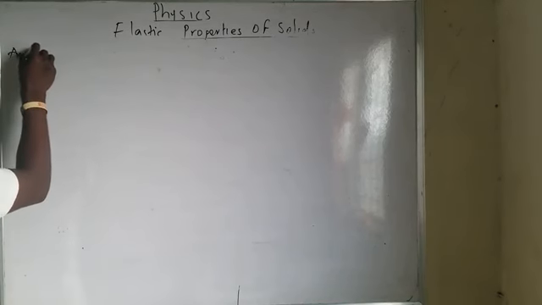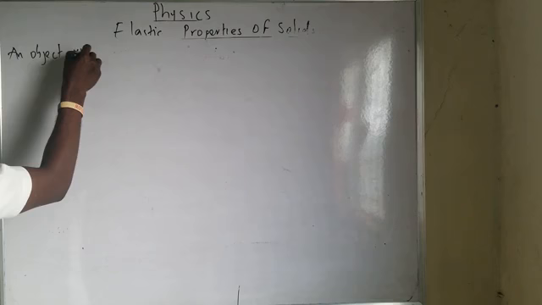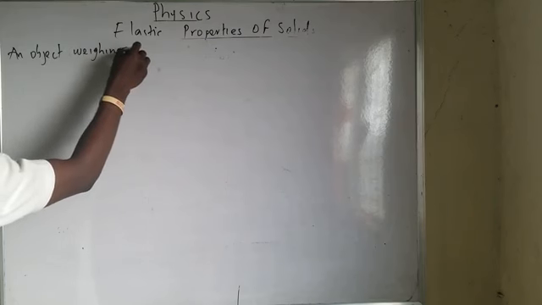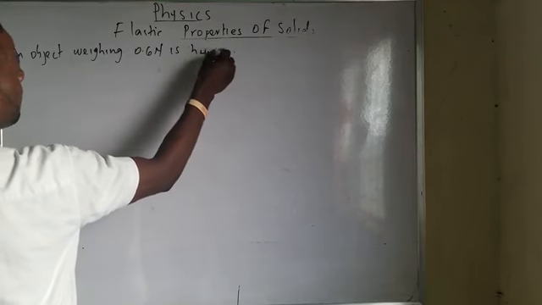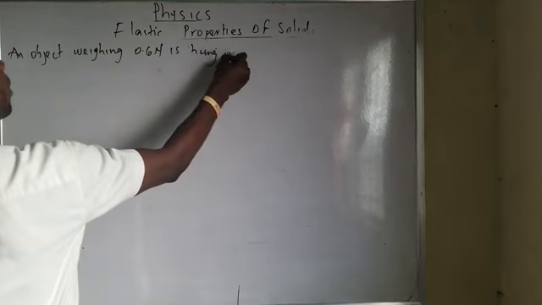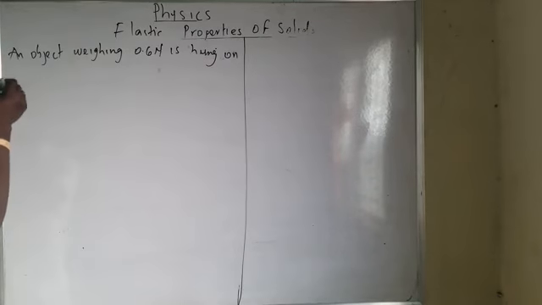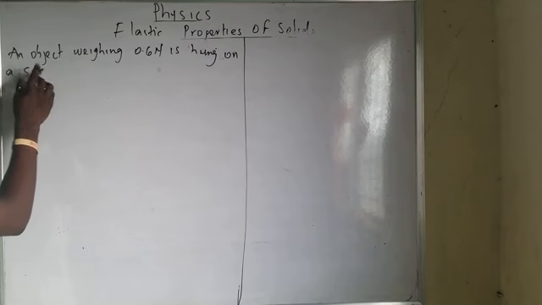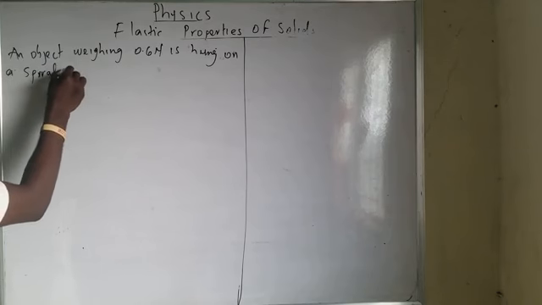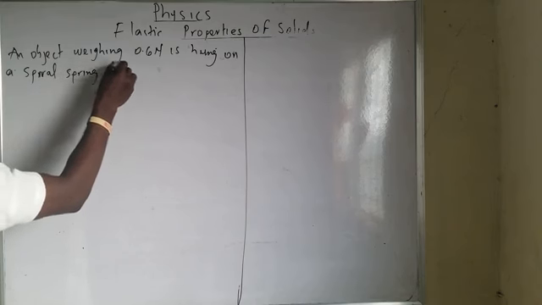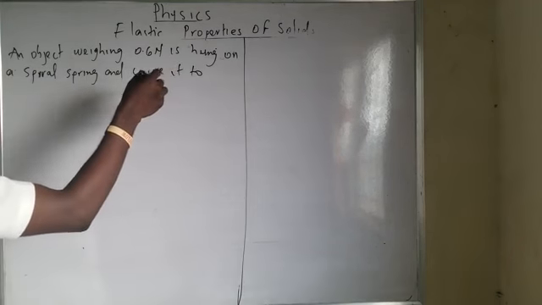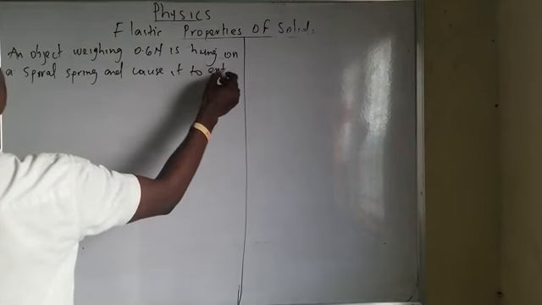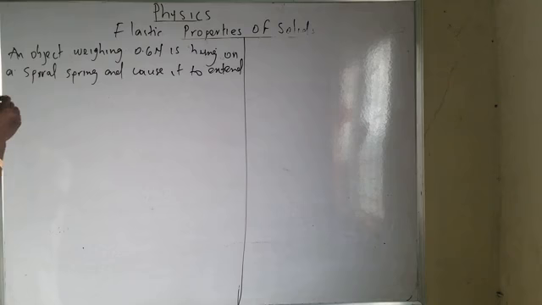An object weighing 0.6 Newton is hung on a steel spring and causes it to extend 6.0 centimeter.